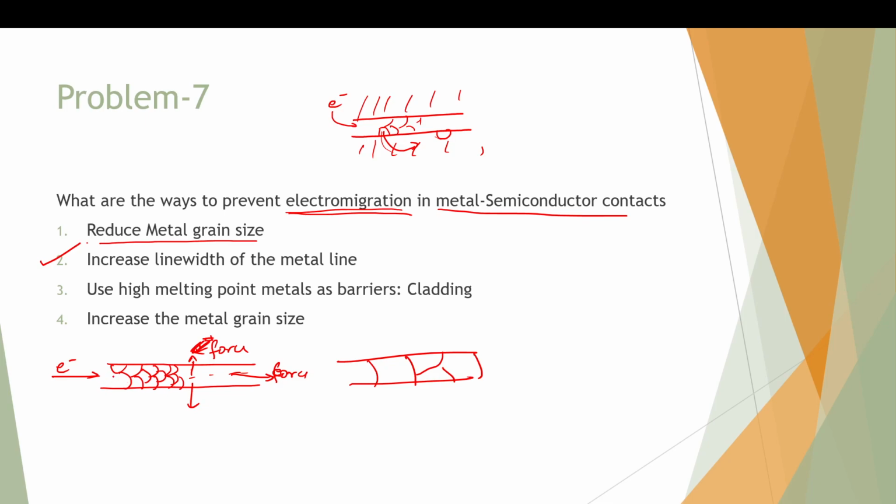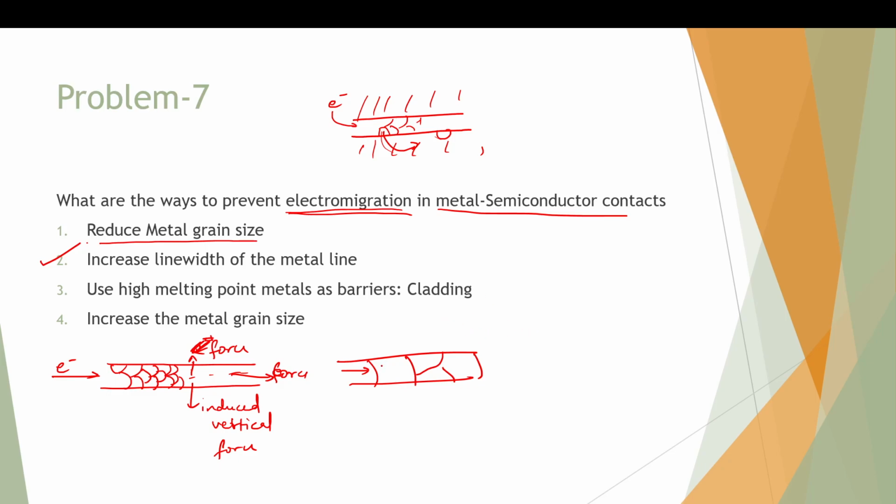These grains are oriented in random directions, so there will be an induced vertical force. However, in the larger grain case, most of the boundaries will be perpendicular, so this induced vertical force will be very low. Most of the force will be horizontal.